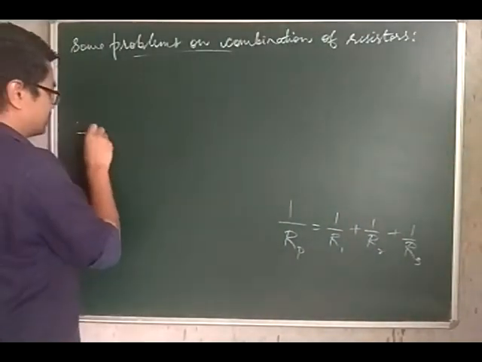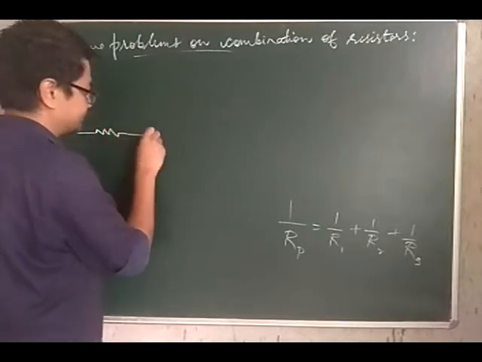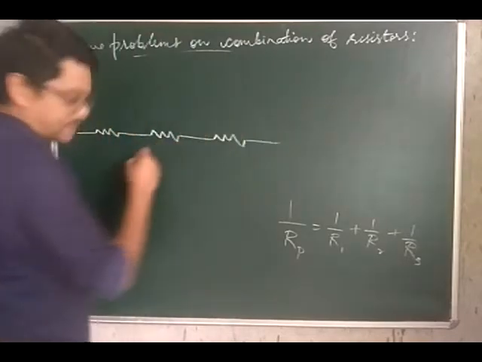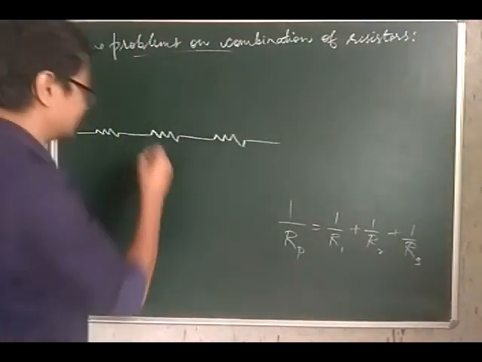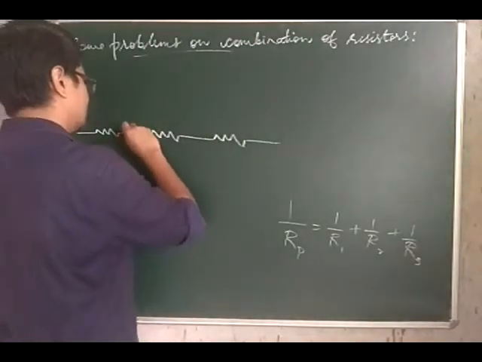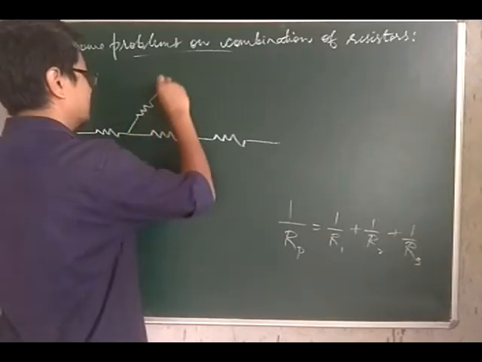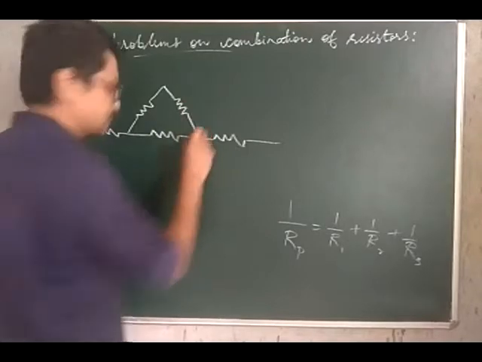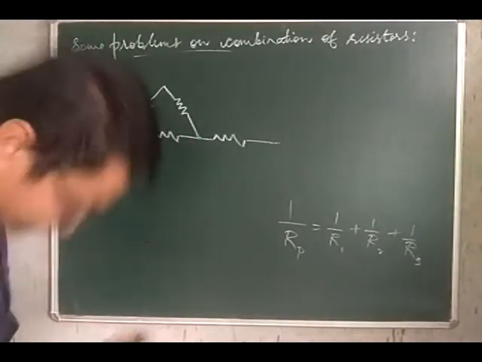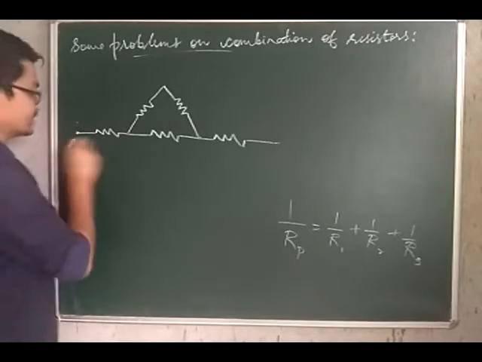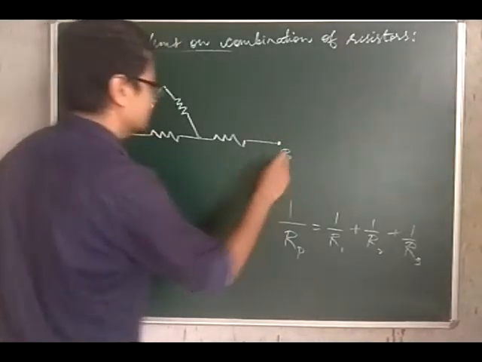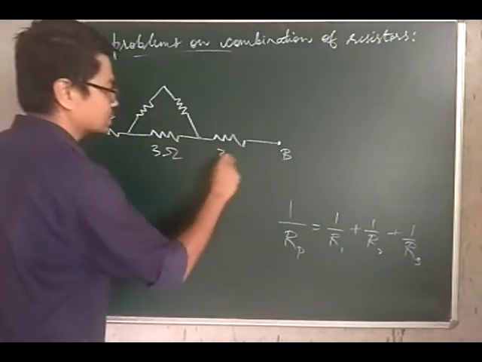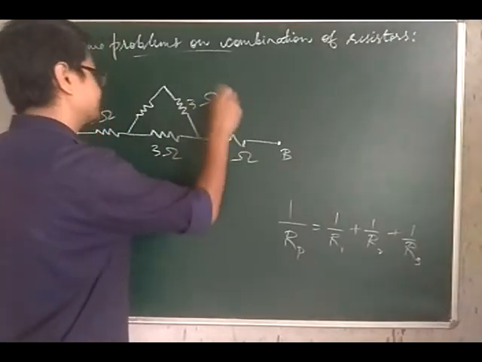So there is this problem where we have one resistor over here, another resistor over here, another resistor over here, one resistor here and another resistor connected there, and we need to find the equivalent resistance between points A and B. The thing given is all of these resistors have the same value of resistance, which is 3 ohms.